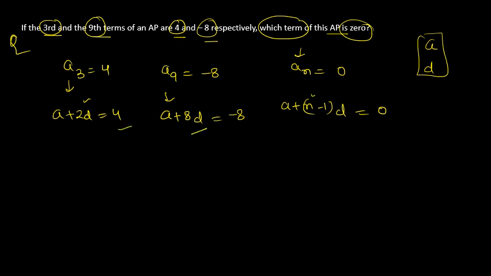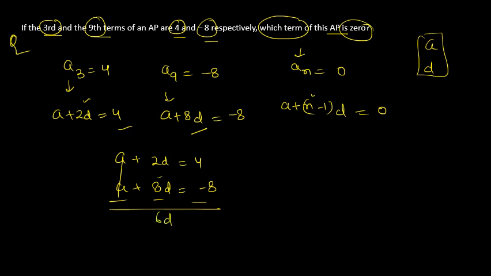Now you can solve these equations. I hope you have already watched those videos which are having how to solve two equations, right? Elimination method, substitution, it is your choice. So I am using here elimination method. So I'm subtracting these equations. So 8 minus 2 is 6D. 8 is greater and it has minus sign, so minus.